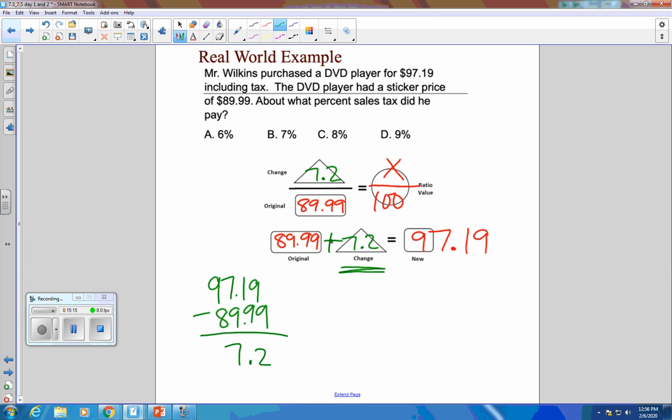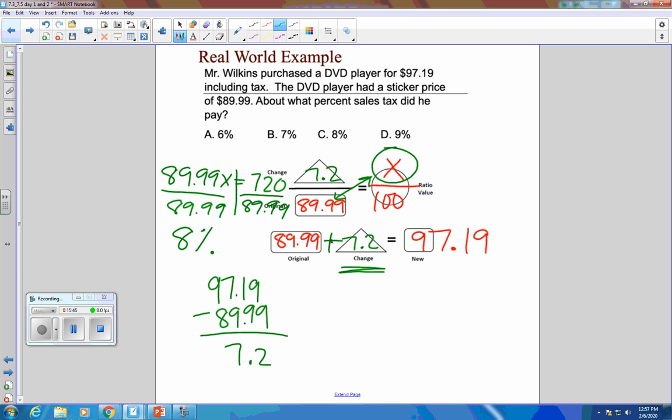Now that I just have my x to solve for, I'm going to cross multiply. So 89.99 times x is 89.99x, and then 7.2 times 100 gives us 720. From there, I divide both sides by 89.99. And I get 8. So the correct answer is C, 8%.